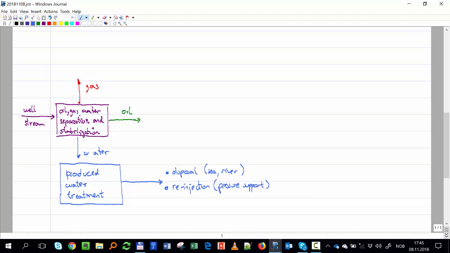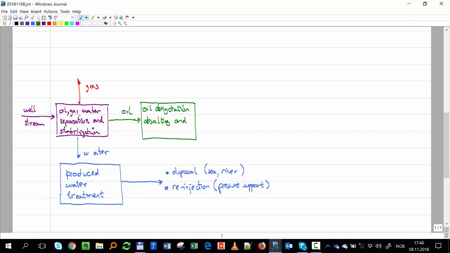Now the oil, the same thing. The oil usually has some water content. So I typically have to do a few things: oil dehydration, removing the water until you have some minimum amount. Desalting, because usually the formation water is salty, so you get some salt in the oil.